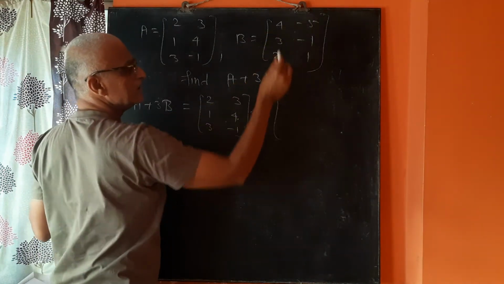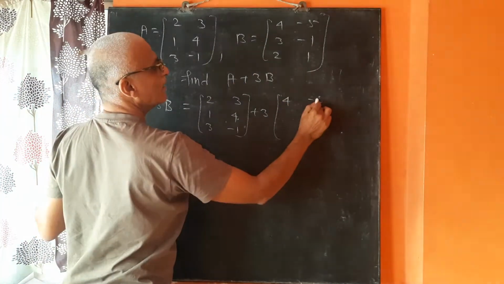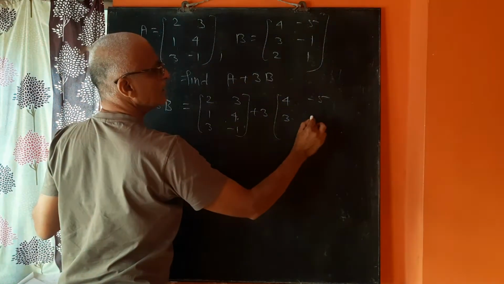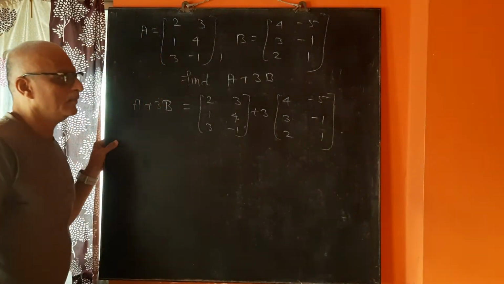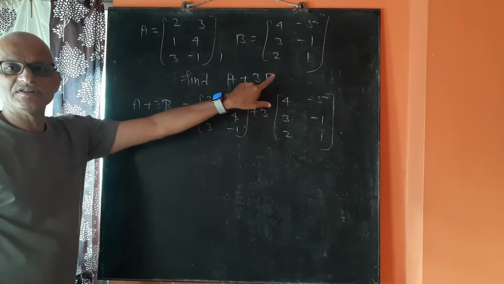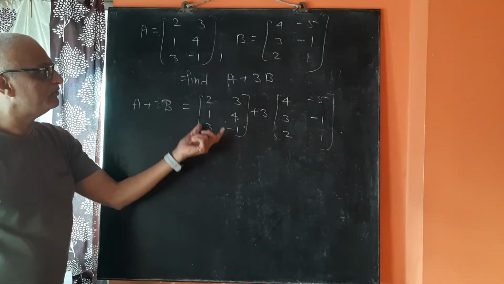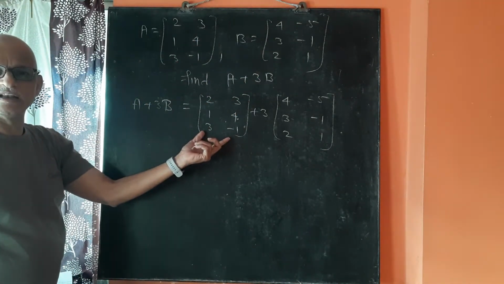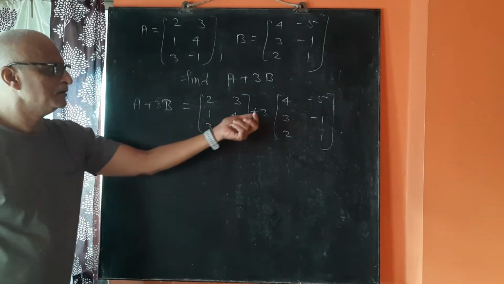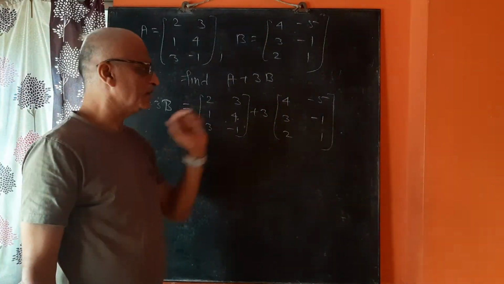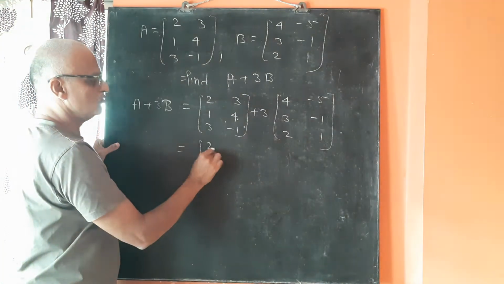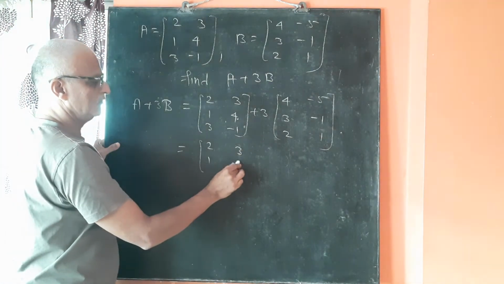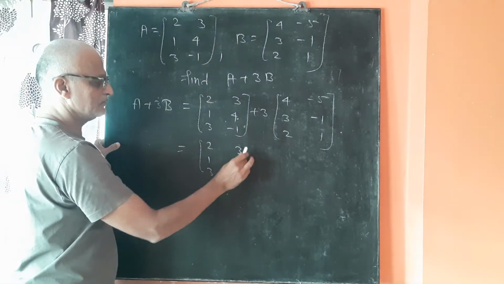The value of B is the matrix of 4, minus 5, 3, minus 1, 2, 1. A plus 3B: I have written the values of matrix A plus 3 into the values of matrix B. Now simplify. This remains as it is, that is the matrix 2, 3, 1, 4, 3, minus 1.